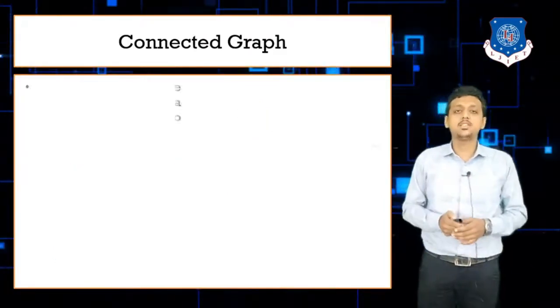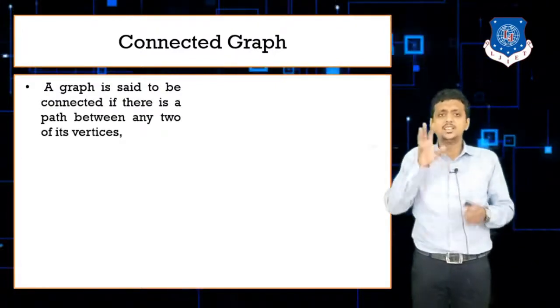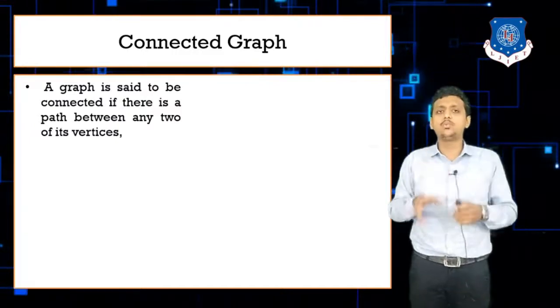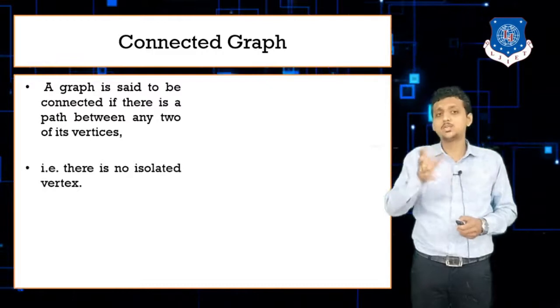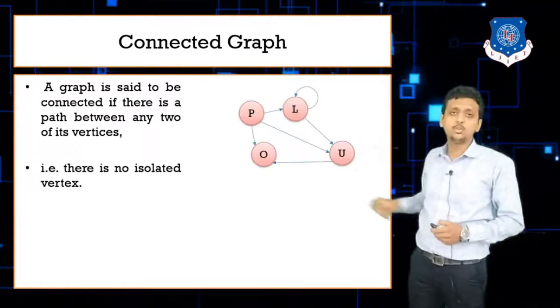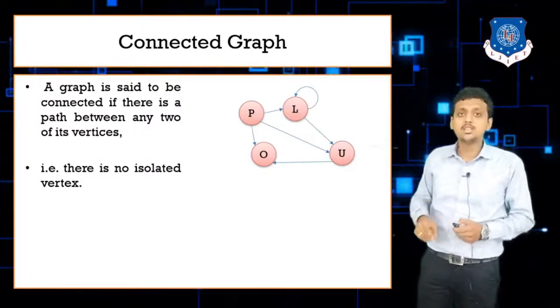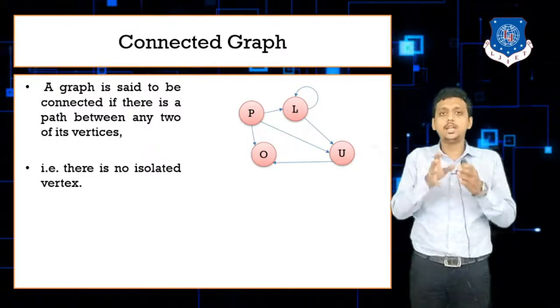Now, next we have connected graph. A graph is said to be connected when a path exists between any two of its vertices. That means there is no isolated vertex. Here, this graph is said to be connected because there is a path between any two vertices.